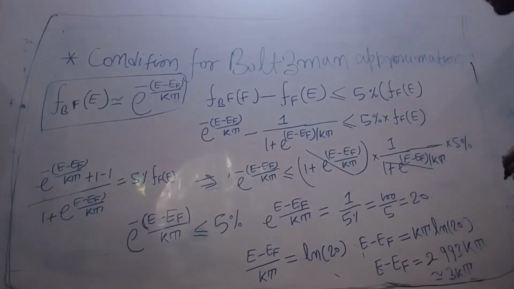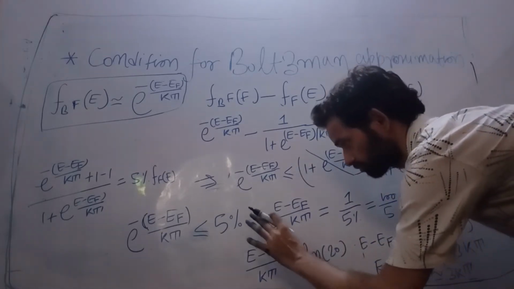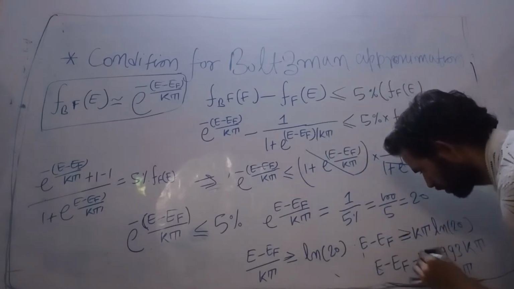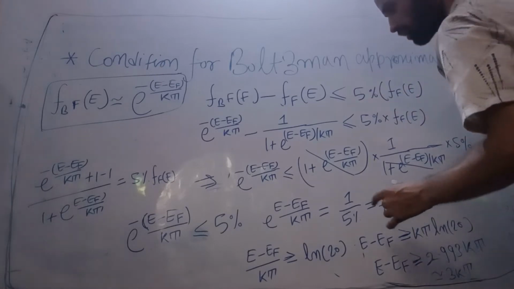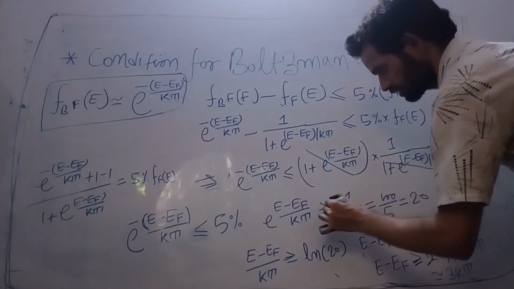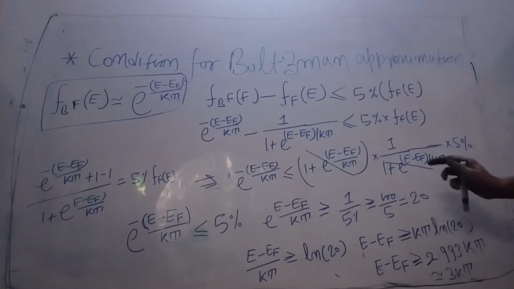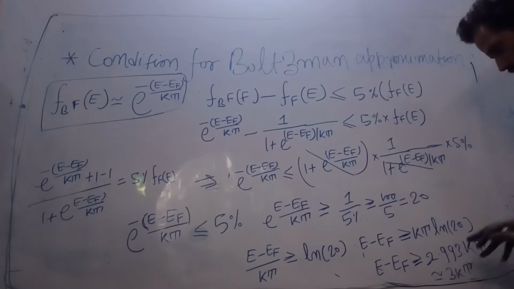This is greater than or equal to. So E minus EF is greater than or equal to 3 kT.